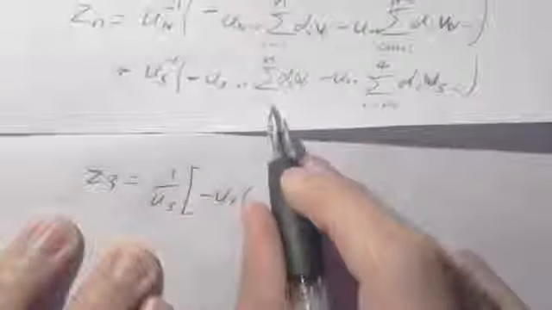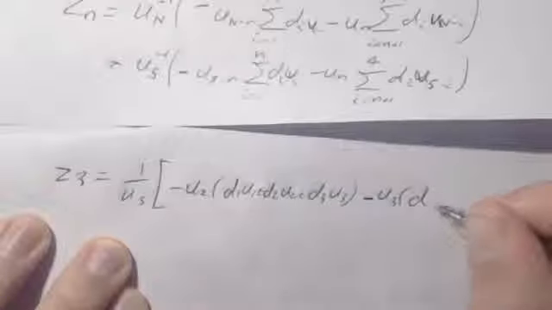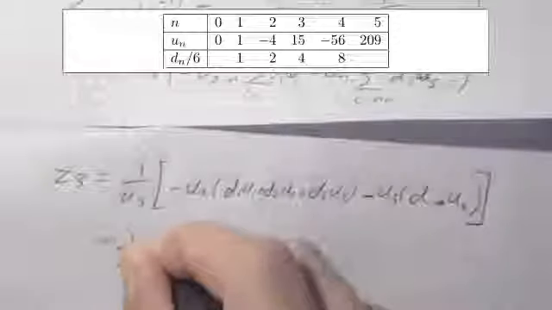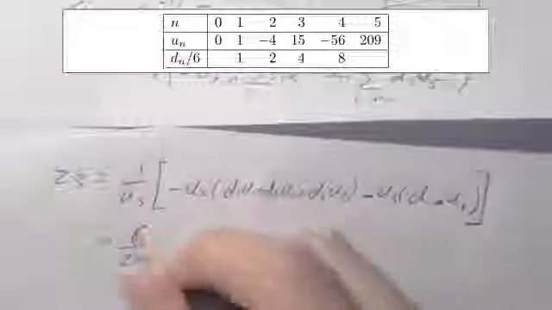So n is 3 now, so minus U2, and now I goes from 1 to 3, so D1 U1 plus D2 U2 plus D3 U3 minus U3 D4 U1. That's all we have this time. So it's 1 over 209.